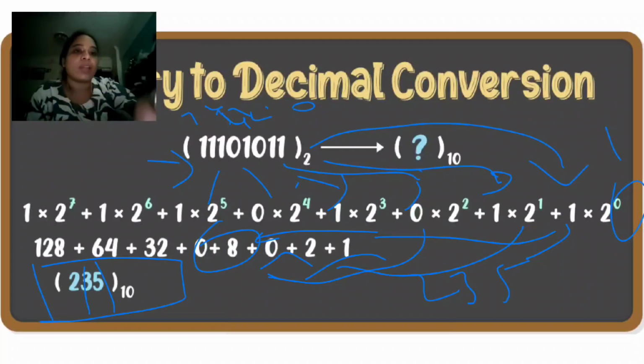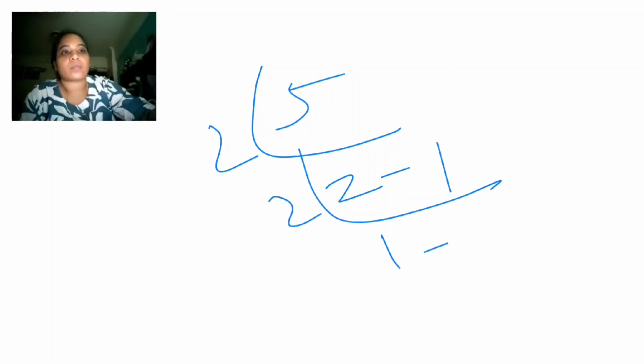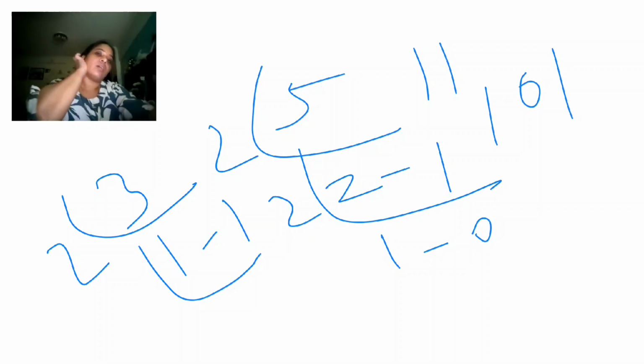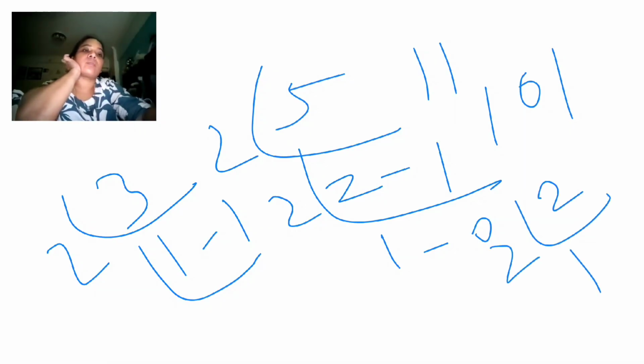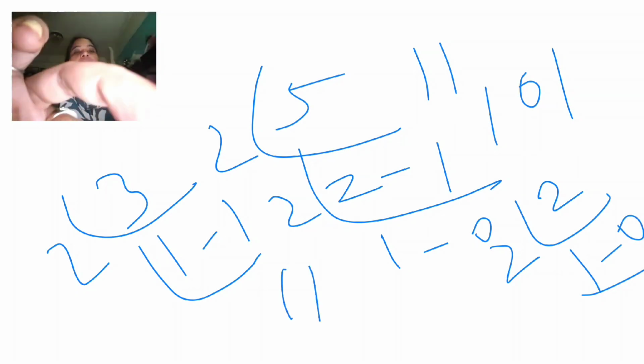Now we calculate: the 5 value is 1, 0, 1, the 3 value is 1, 1, and the 2 value is 1, 0.